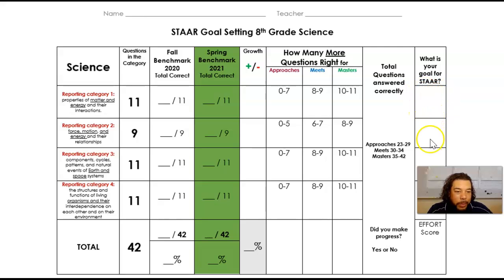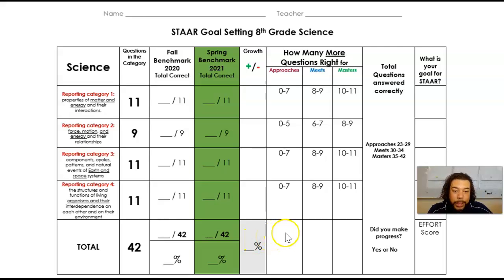They'll plug in how many questions they'd like to get right, and then see where they're at with approaches, meets, masters. They total up each area to see what their percentage was and what the growth was. Was it positive? Was it negative? So that's the numbers portion of it.